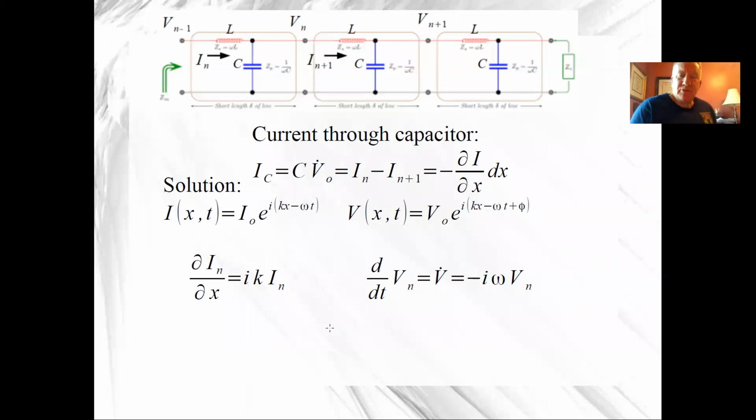And if we take the time derivative of V, we end up with minus i omega times the voltage at n. So we took the derivative of I and get ik times the function, and we took the time derivative of V and get minus i omega V_n.